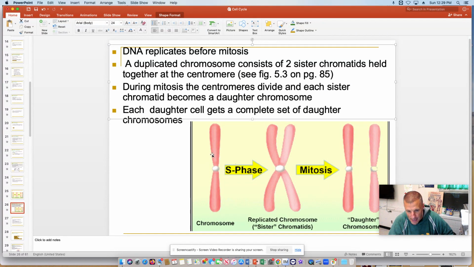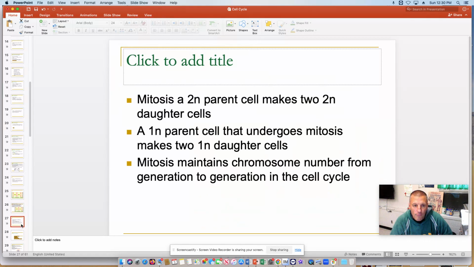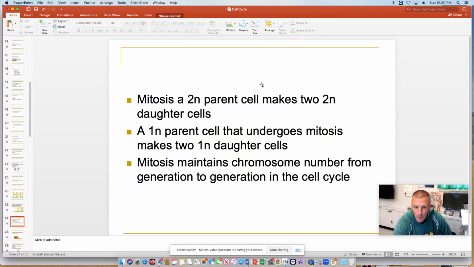So again, we're going back to this. Blue, blonde, A, blue, blonde, A. Two new cells, blue, blonde, A, blue, blonde, A. Okay, so in mitosis, a 2N parent makes two 2N daughter cells.